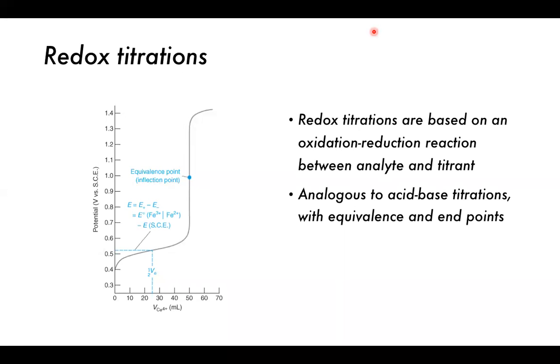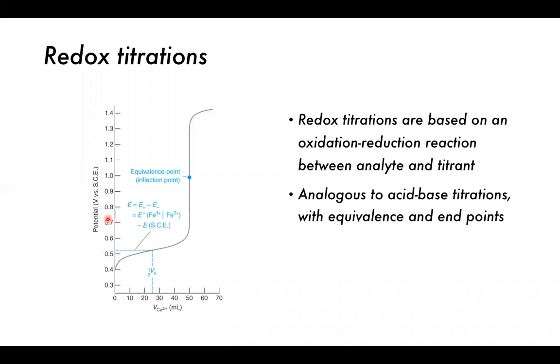This time, though, it's an oxidation-reduction reaction between an analyte and a titrant. So one species is oxidizing the other, and one species is reducing the other. So these are analogous to acid-base titrations with equivalence points and endpoints. Here we can see the kind of titration curve that we might see for a redox titration, which is not totally dissimilar in shape to the kind of curve that we might see for a typical acid-base titration.